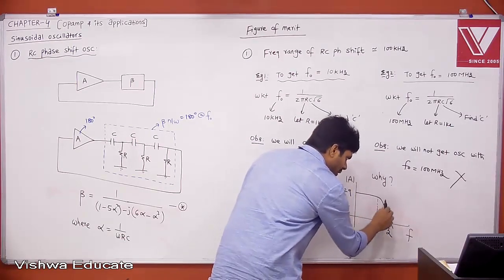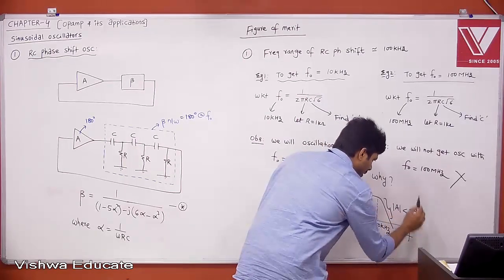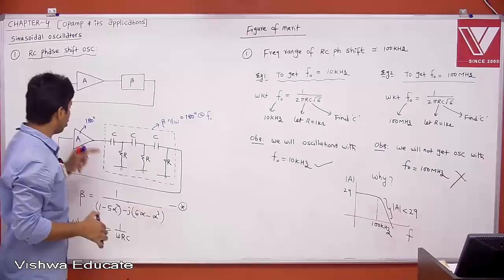Then after 100 kilohertz, the gain mod A is less than 29. That is the limitation of the open loop amplifier.